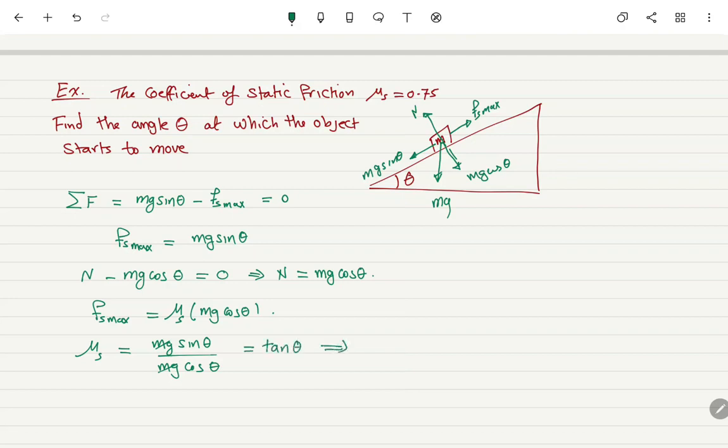Since μs equals 0.75, then tan theta equals 0.75, or theta is equal to tan inverse of 0.75, or theta equals 37 degrees, and this is the critical angle. After that angle the object will start to move.